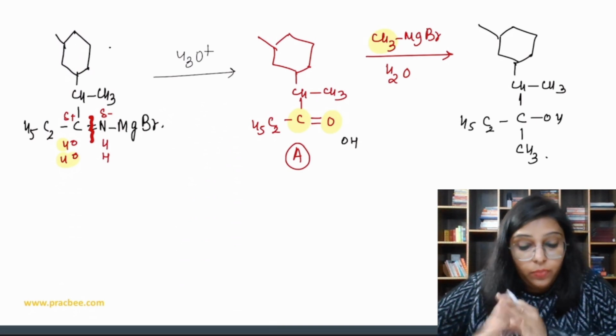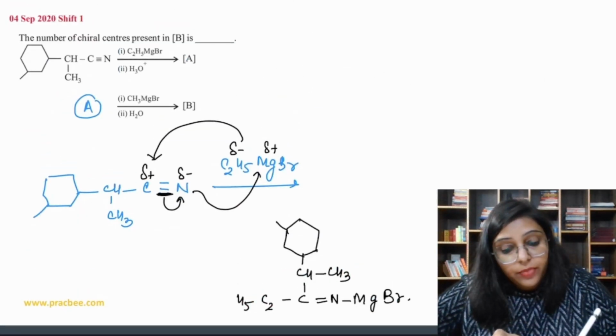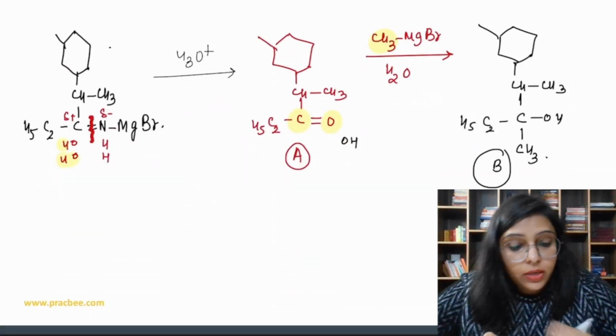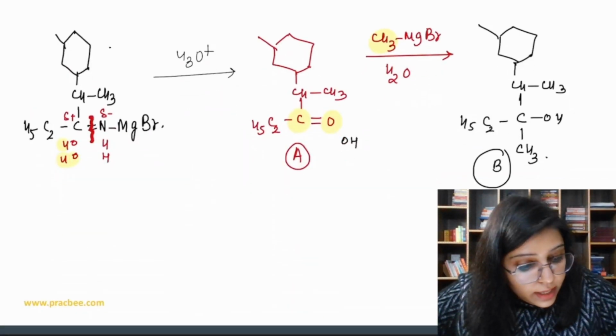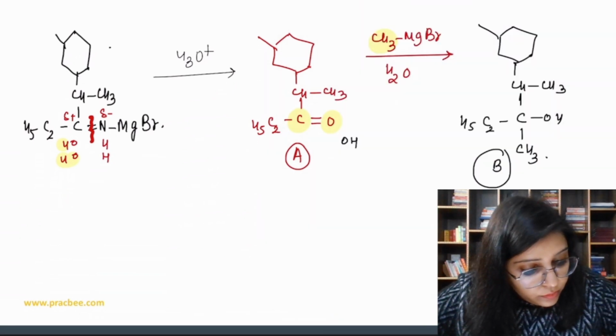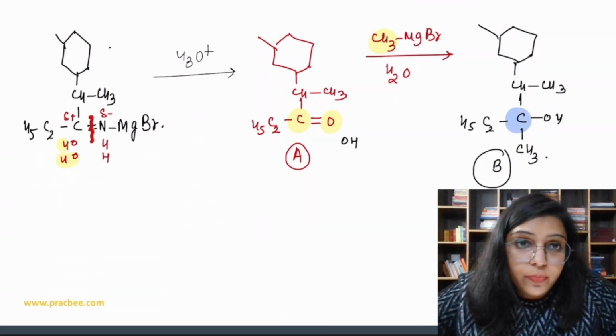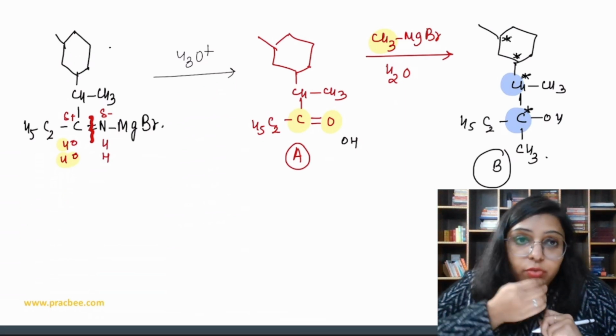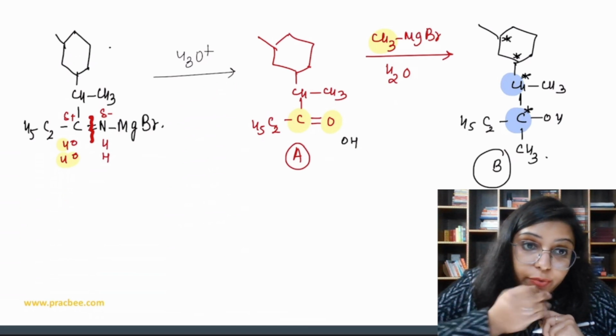Now the question says the number of chiral centers present in B, so this is my B. So how many chiral centers? See, this is a chiral center. This carbon is bonded to 4 different groups. Then this is a chiral center, 4 different groups. Then the chiral centers: 1 is this, 2 is this, 3rd is this and 4th is this. These 4 carbons are bonded to 4 different groups.